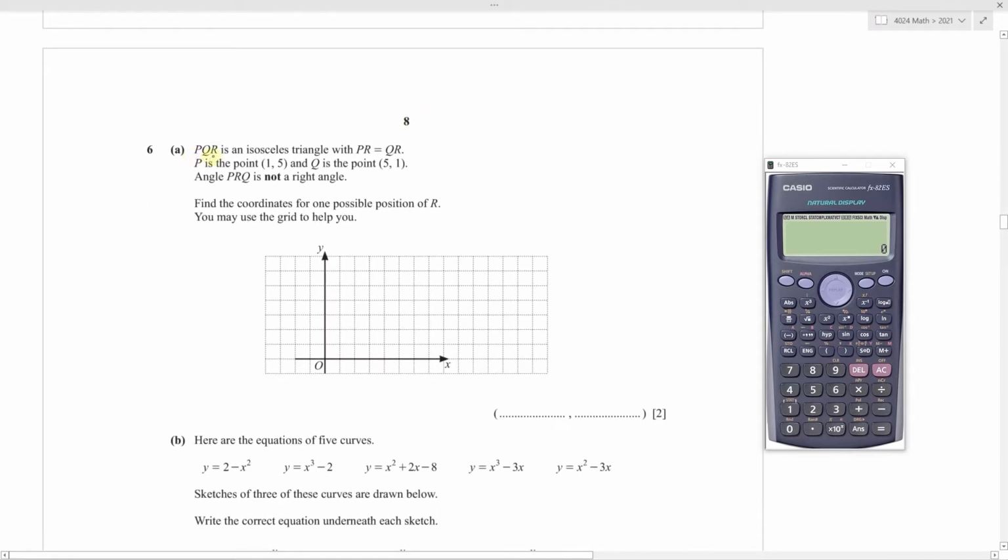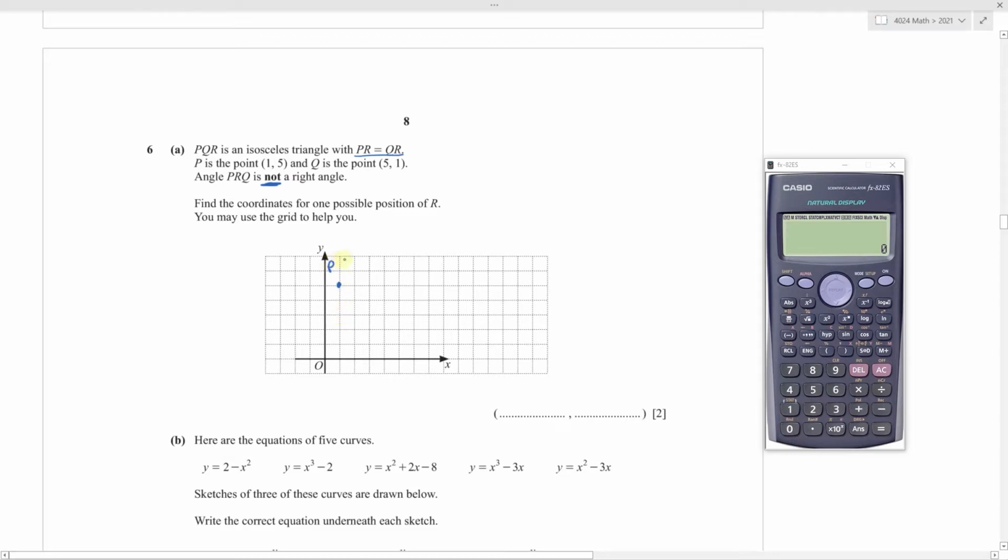Question 6, part A. PQR is an isosceles triangle with PR equals QR. P is the point (1, 5), Q is (5, 1). Angle PRQ is not a right angle. Find the coordinates for one possible position of R. You may use the grid to help you. So P is the point (1, 5). So 1, 5.